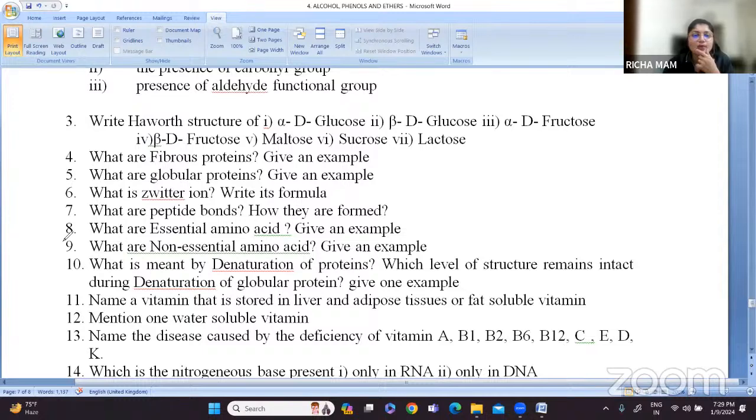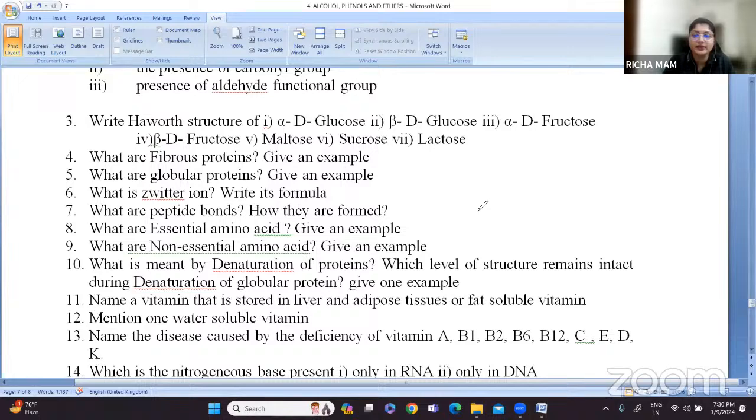Fine. Next is, what are essential amino acids, and give an example. Yes, students, do you know what are essential amino acids? Essential amino acids cannot be synthesized in our body, and they must be taken through diet.